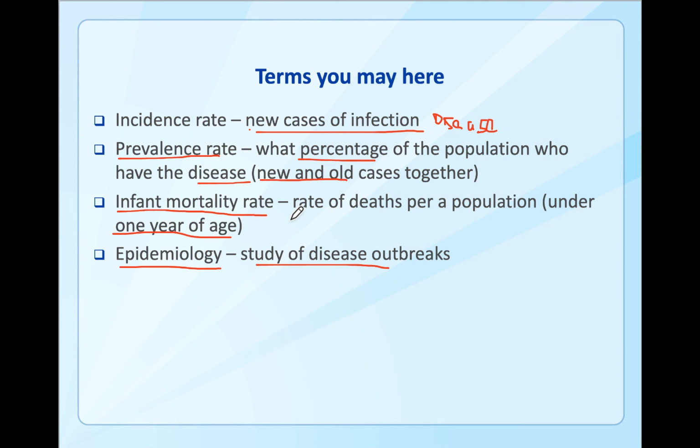If the infant mortality rate is high for a group of people or for a population or for a country, it really starts to show that maybe there's something going on with the healthcare system or there's something that needs to be addressed. So that's key for us to always be looking at this. And epidemiology is the study of disease outbreaks or epidemics. So these are some key terms that I would like you to be familiar with.